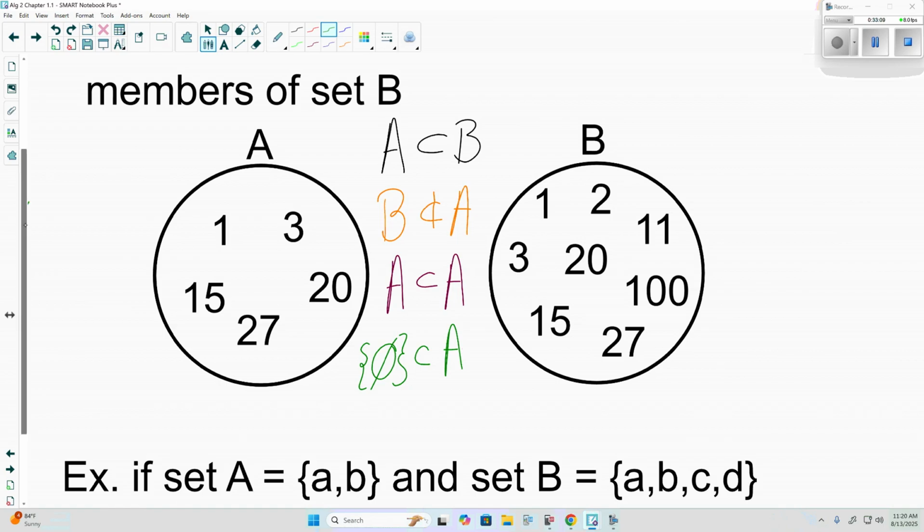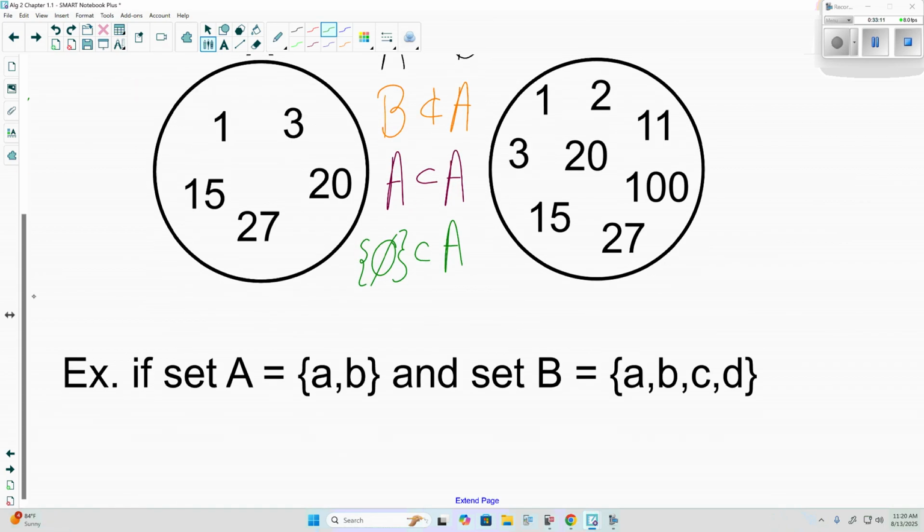Okay? We ready to expand our brain just a little bit? How about the set containing the empty set? Is that a subset of A? Well, yeah, it's just a set containing a set that contains nothing. So that would be a subset, yes? Are y'all starting to see the dangerous path we're about to walk?